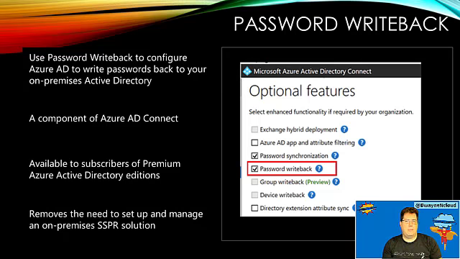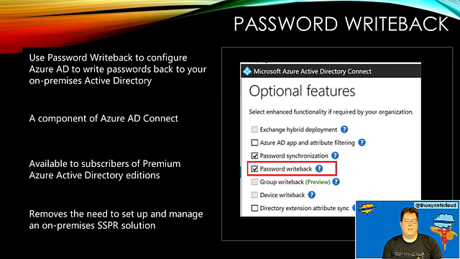Without password writeback in place, the passwords were synchronized from the on-premises Active Directory to Azure Active Directory, but not the other way around. So if you put password writeback in place, then users can change their passwords in either platform, either area. So that's important to understand when setting up Azure Active Directory Connect.